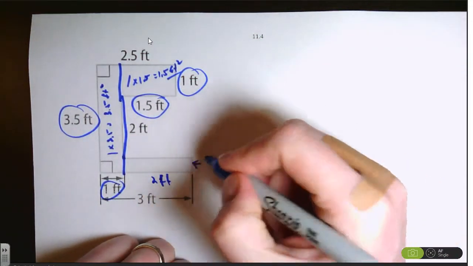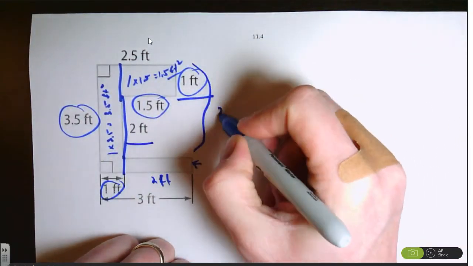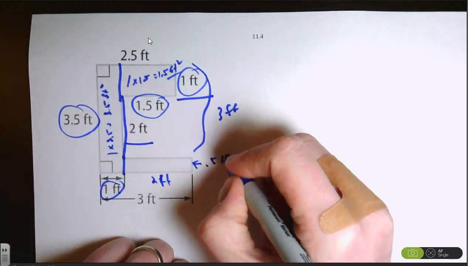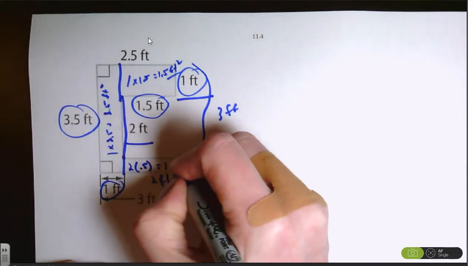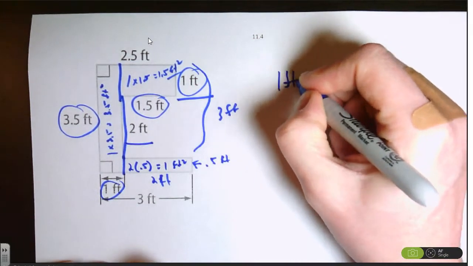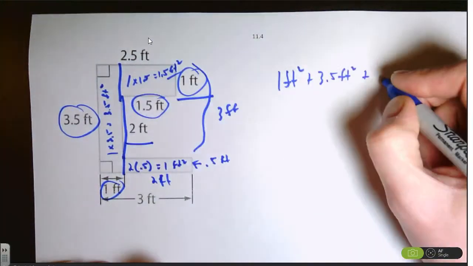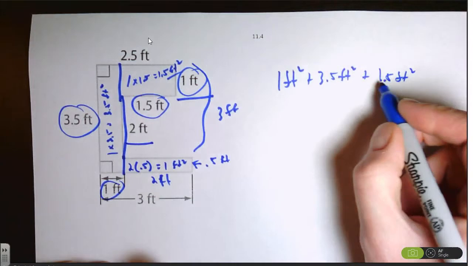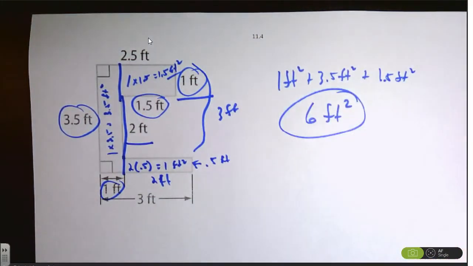This length I need to figure out, but it's not that bad because from here to here is 3 feet, but it's 3.5 feet total, so it's 0.5 feet. So it'll be 2 times 0.5, which is 1 square foot. So our total area is 1 square foot plus 3.5 square feet plus 1.5 square feet. So 1 plus 3.5 is 4.5, plus 1.5, so 6 square feet.